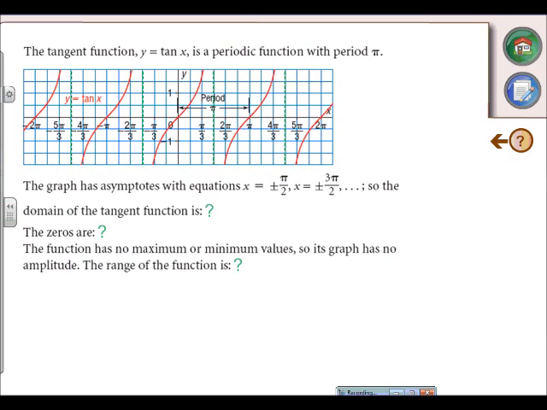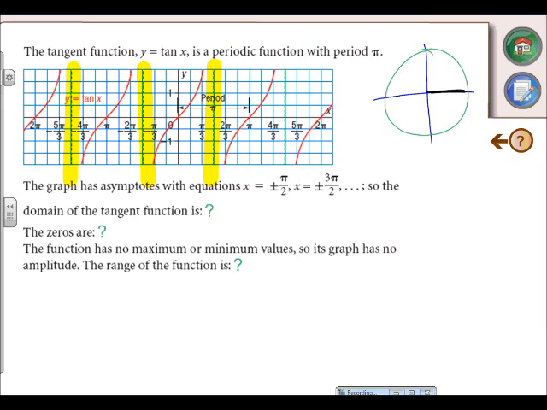Now, tangent is different than the other two. The other two, sine and cosine, were called sinusoidal functions. This tangent function completely looks different. It's got lovely asymptotes. The reason for that is tan, from the unit circle, is talking about the slope of the line.